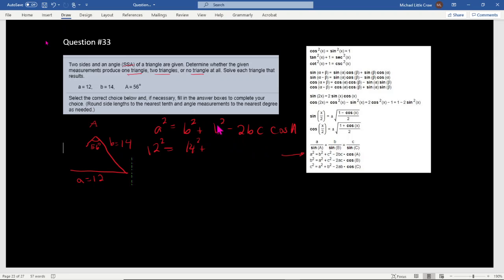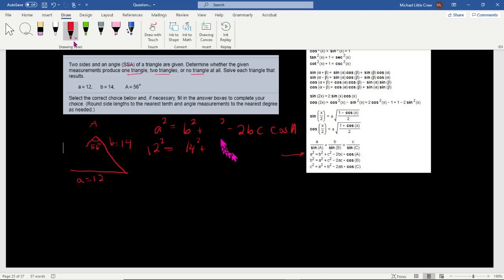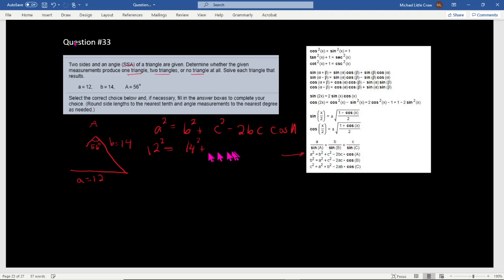So make sure when you do your formulas you get the right numbers in there. There we go, that's better. We don't know what it is, so that becomes our unknown. Minus 2 times 14 times c times the cosine, and A is given to us as 56.